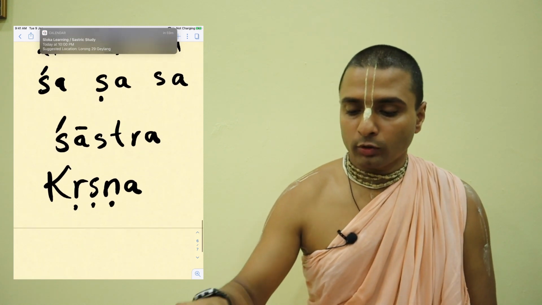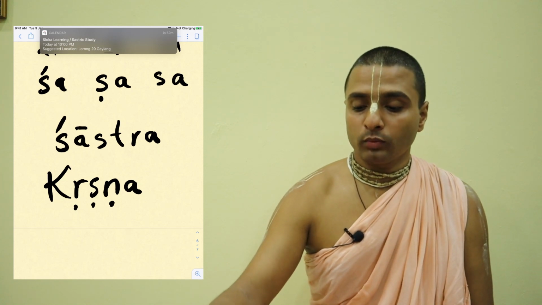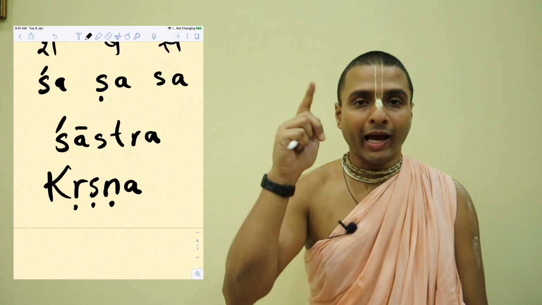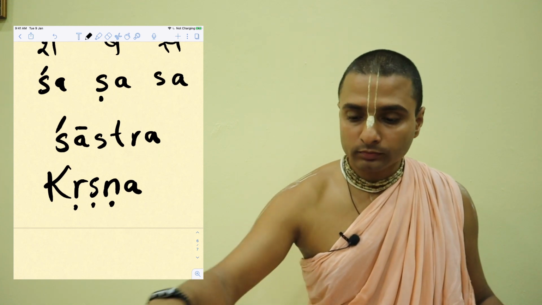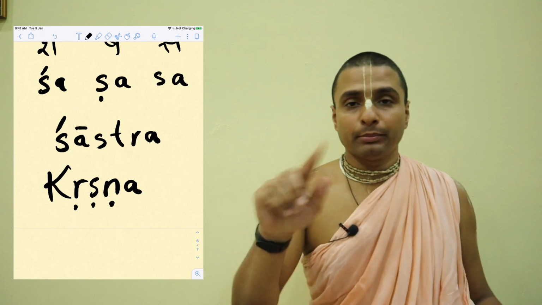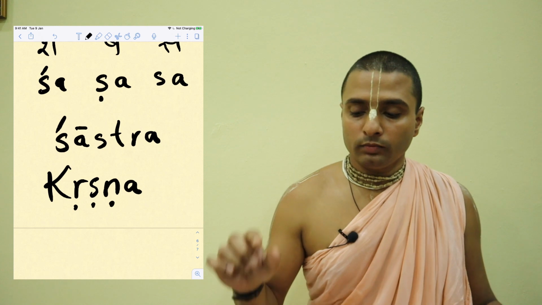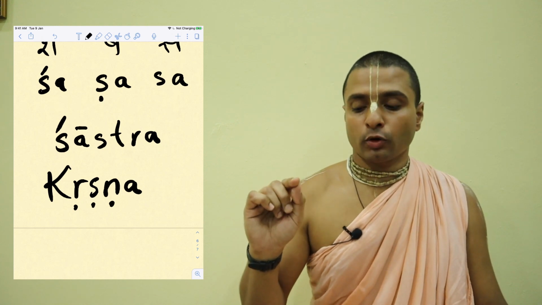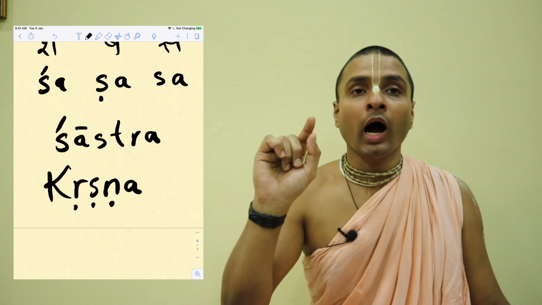Now if you want to pronounce Shastra, there are two S you can see, one with the accent on top, and one simple S without any dot or accent. The first is pronounced as sh, and A with the line above is a.